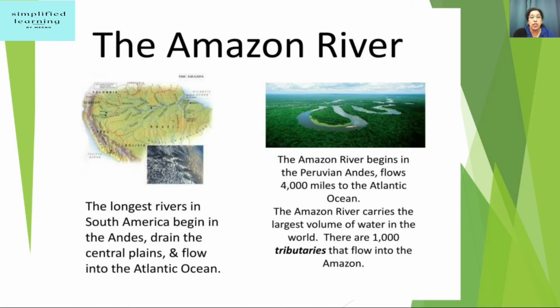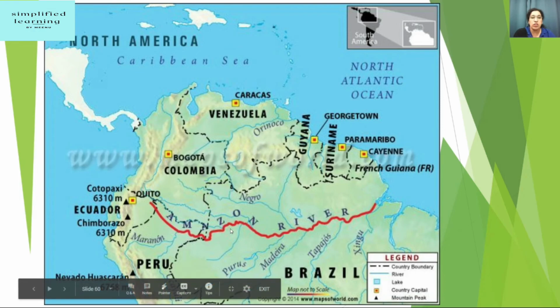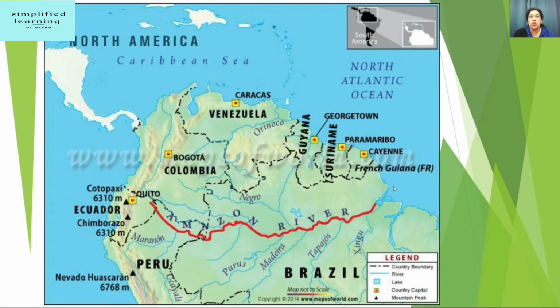There are 1,000 tributaries that flow into the Amazon. Yes? So you can see here, this is Amazon River. Okay? So we know these are the Andes Mountains. So it starts from here and covers the widest part of South America and opens into Atlantic Ocean.